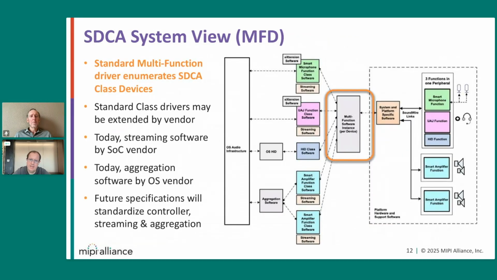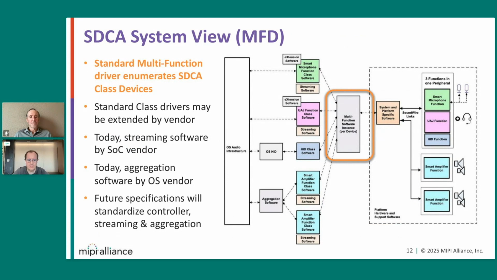A thing that we hinted at on an earlier slide is that a single piece of peripheral silicon might have more than one SDCA function on it. That is enabled by an architectural feature called the multifunction driver. Multifunction driver is basically a bus driver in the sense that it has child devices.